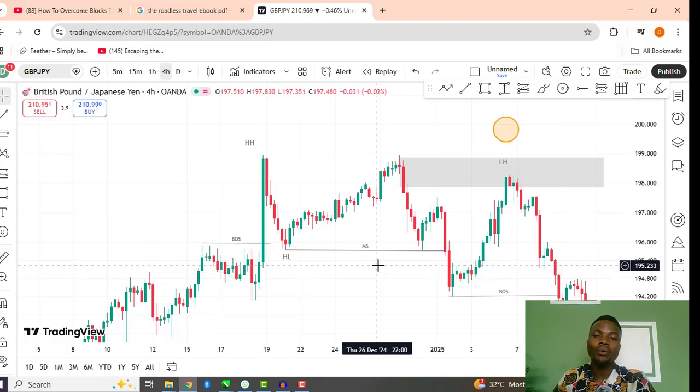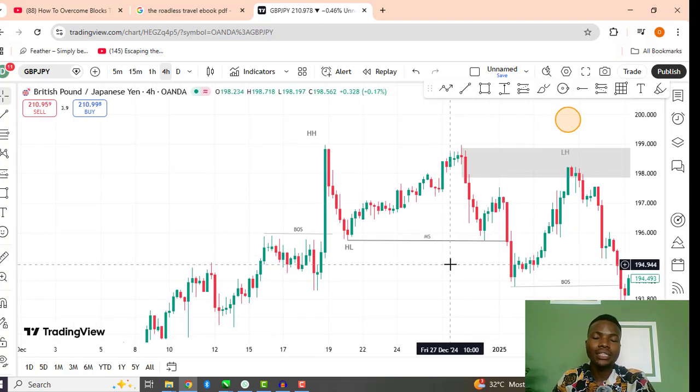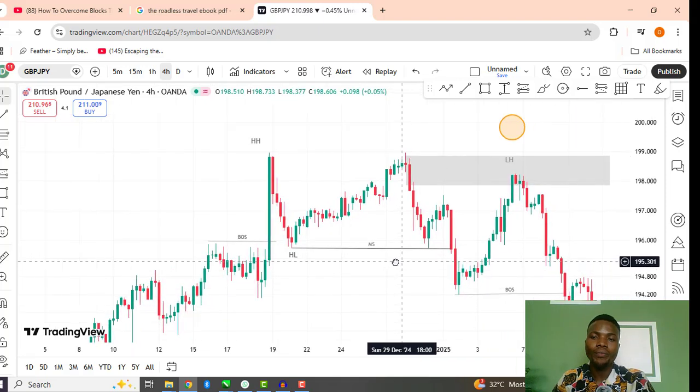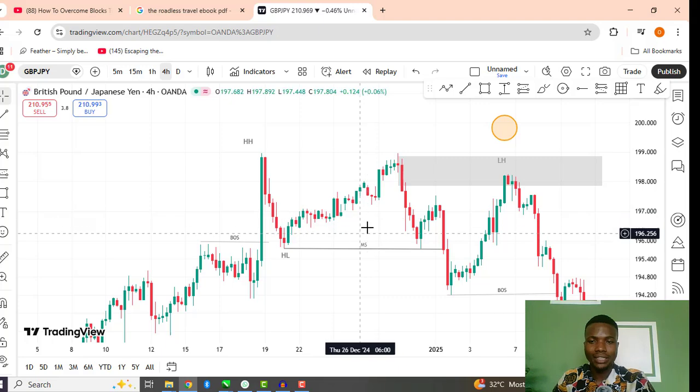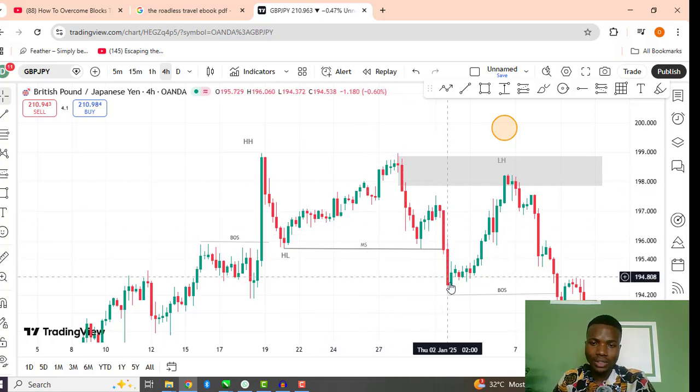Now, what is going to give us confirmation that we should sell at this point right here? We need to wait for a retest, and that is what you see happen here.